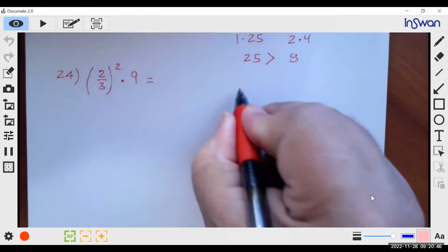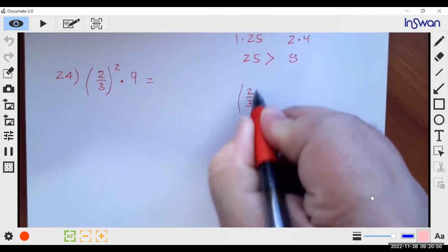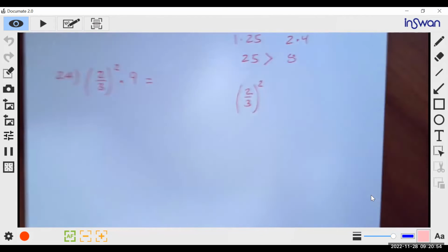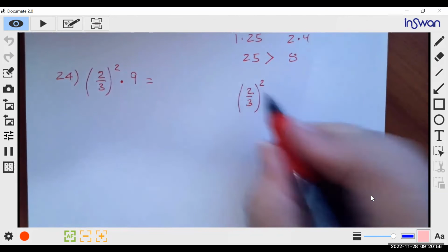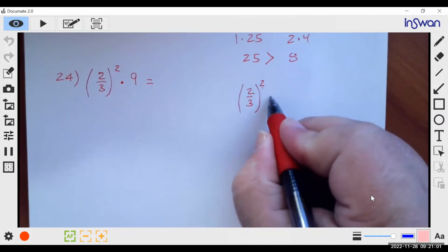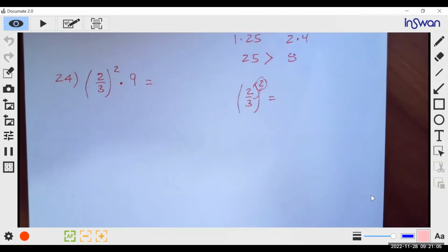Do the parentheses. So in this one, can you do anything inside the parentheses? No, it's already a fraction. So we have to get rid of the parentheses. What do you do with this 2 up on top? Yeah, I distributed both of them.